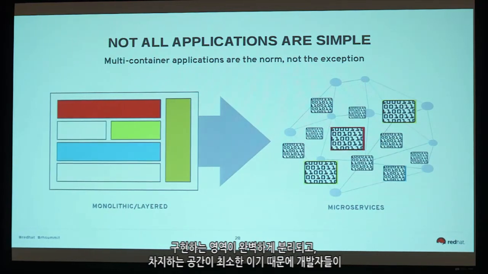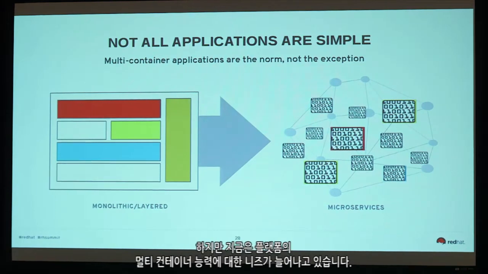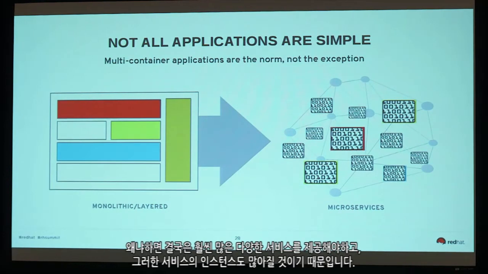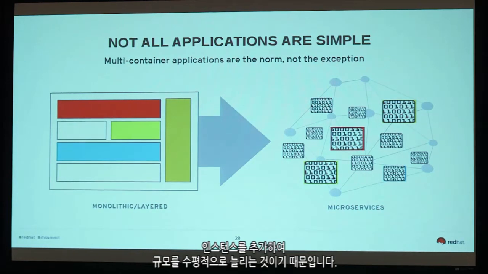Strong separation of concerns, minimal footprints, which allows the developer to innovate the individual components and services separately from each other at their own pace, but now increases the need for the multi-container capabilities in the platform, because you will end up with a lot more different services and lots of instances of these services. Because the idea in a microservices-centric architecture is you scale horizontally by adding instances, not by adding compute capacity.